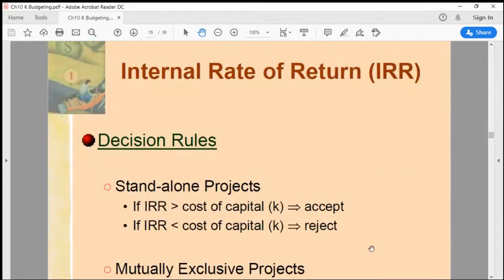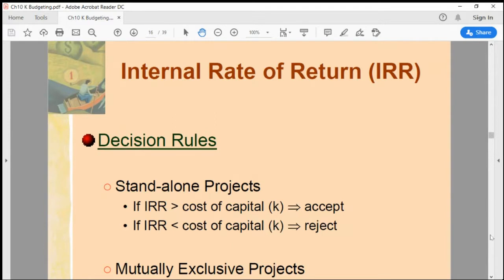If we have an internal rate of return that's equal to the cost of capital, then it's not shown on this slide, but what does that mean? That means the project just breaks even. And if it is a standalone project, you can accept or reject the project based on this rule.